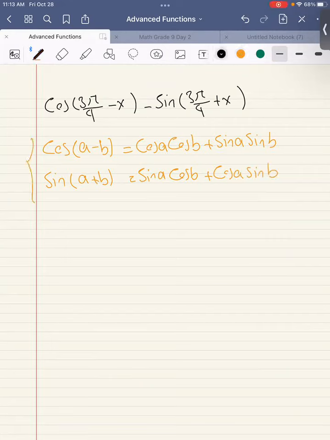So let's apply it here. So here a is equal to 3 pi over 4. So this is a, and this is b, right?